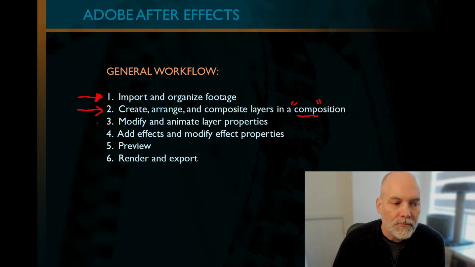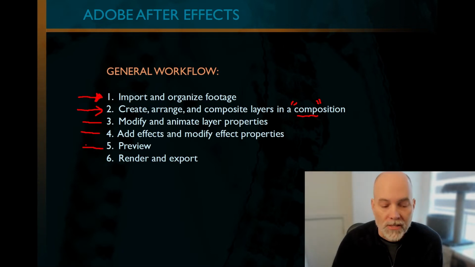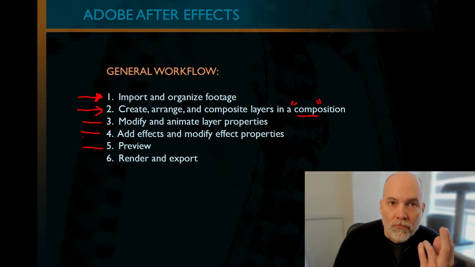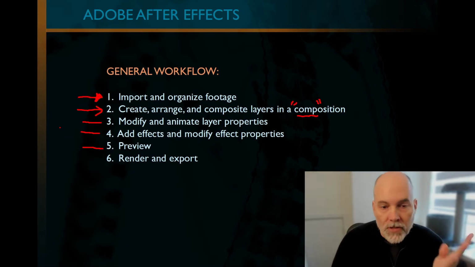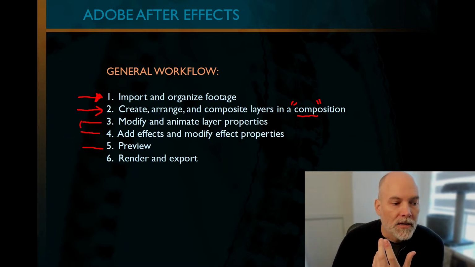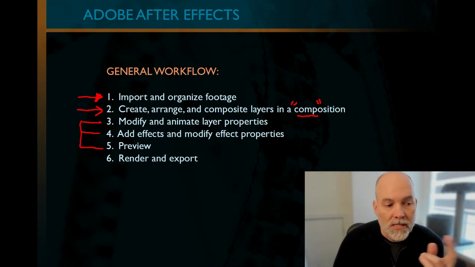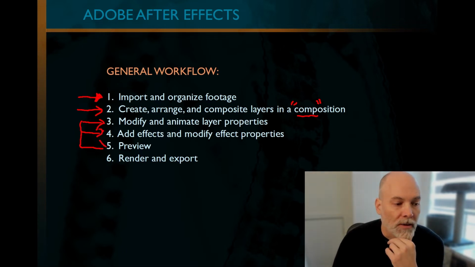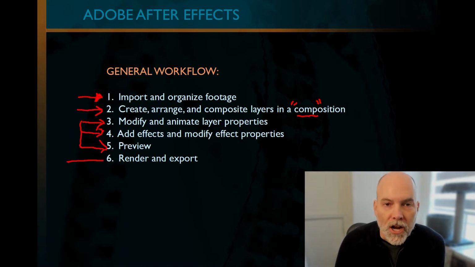And then we're modifying, animating, adding effects, and previewing. So hitting the space bar, loading up your timeline into RAM, and seeing how it works. So basically just going back and forth again and again, a gazillion times. And once you're finally ready to send it off into the world, we are rendering and exporting.